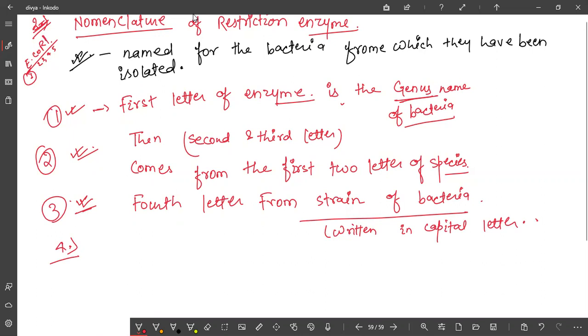The end of the name is usually a Roman numeral.